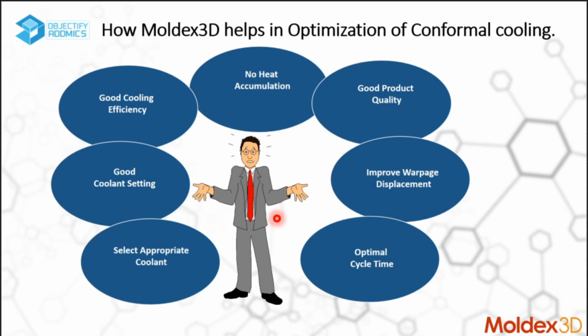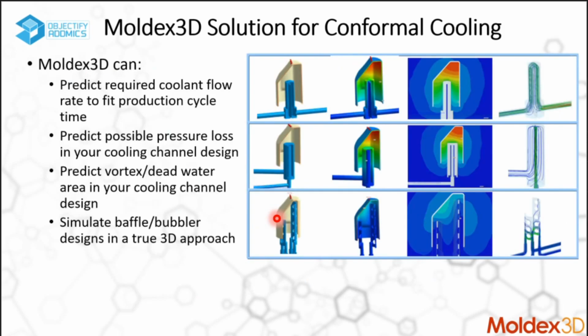As we know, designing and validating conformal cooling channels involves multiple challenges. This is where Moldex 3D comes into the picture and empowers designers to analyze the results and validate the conformal cooling design before sending it for 3D printing.